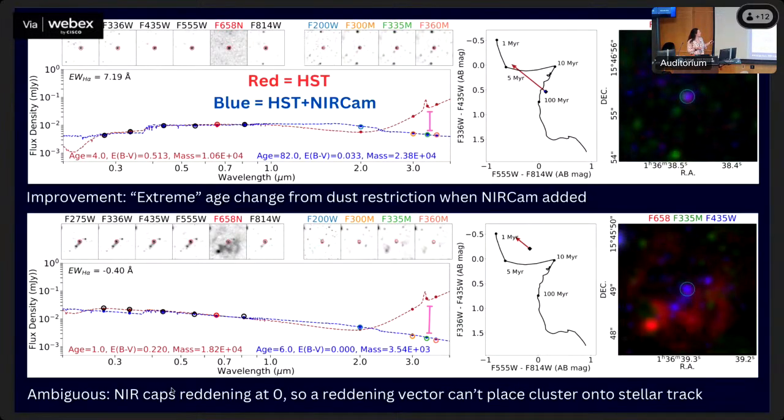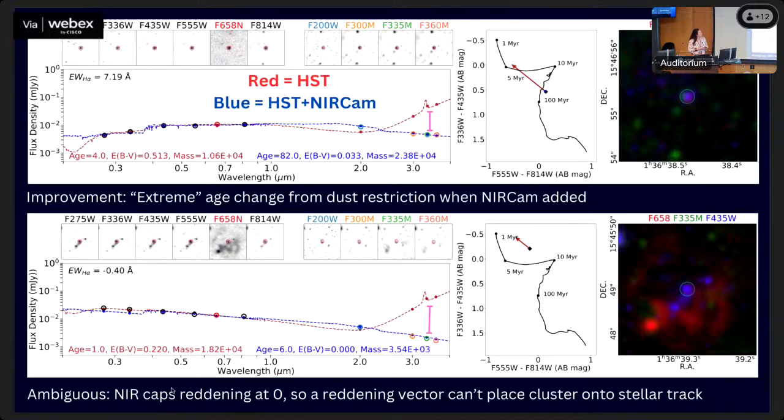When we were just looking at these optical filters, you could think maybe it is a reddened young cluster, and indeed the HST solution is young and reddened. But when we look at all these different metrics, that solution doesn't really hang together when we add NIRCam. We can see that there's no hot dust emission, so this cluster does not have natal dust close by that it could be heating. And then when we look at the image, it's pretty isolated.